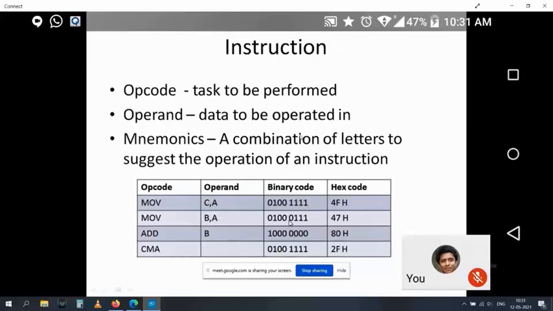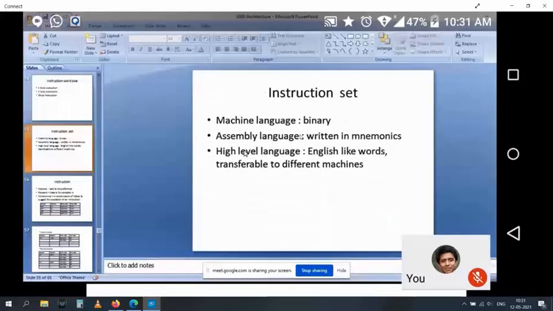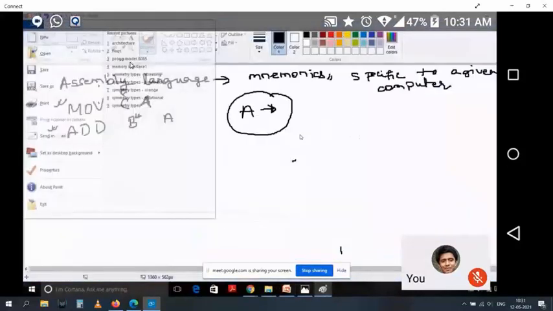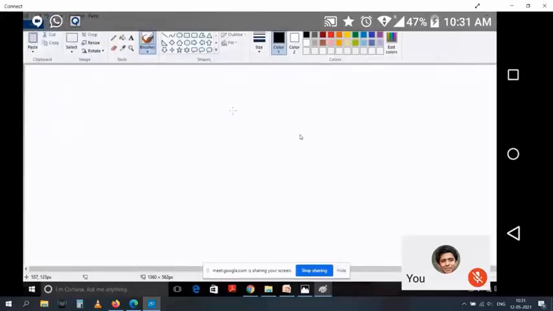So how is it done? I have a table here with you, which I will try to write and share. So let us see, there is a code like this. This is for my instruction move. Copy from source to destination, MOV.